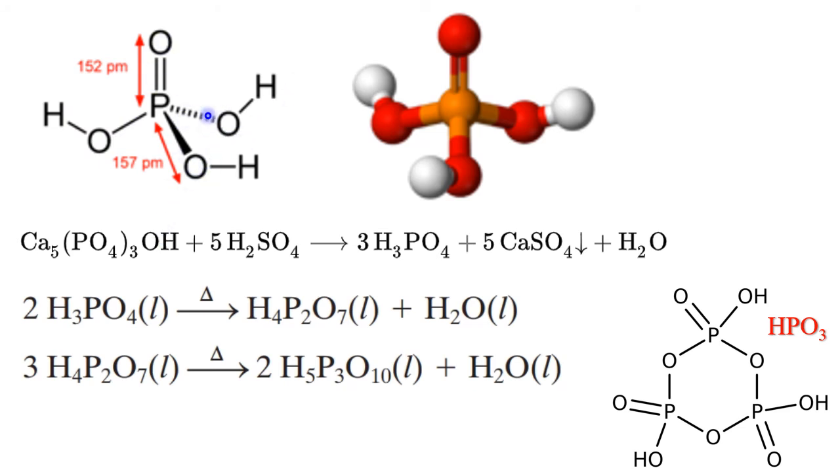Phosphoric acid can be directly made from apatite without going through phosphorus. So calcium phosphate reacts with concentrated sulfuric acid to make H3PO4, calcium sulfate precipitates, and you have water. Now, the purity of phosphoric acid received by this process is very low.